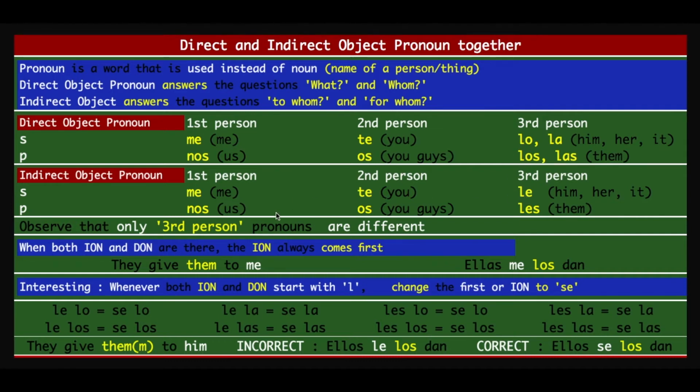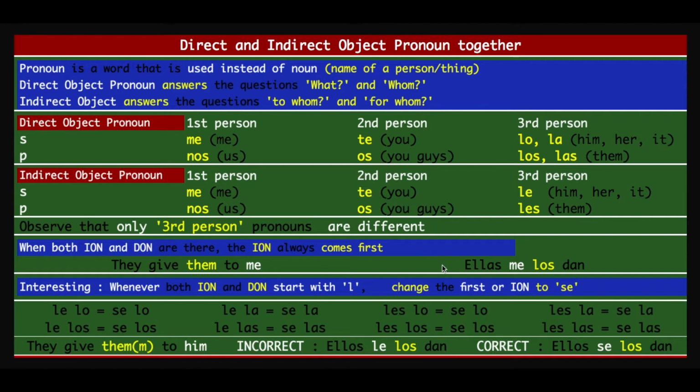Okay, let's see the next concept. So when both indirect object and direct object are used, then indirect object is always used first. The example is they give them to me, right? So here them is direct object and me is indirect object. So what is being given and to whom it is given.